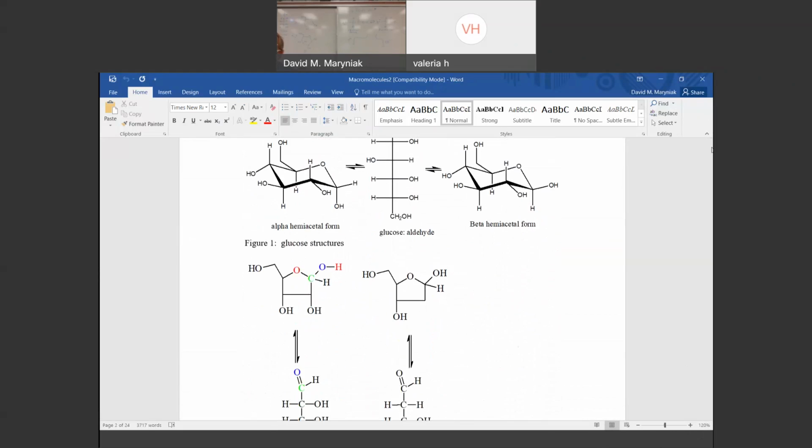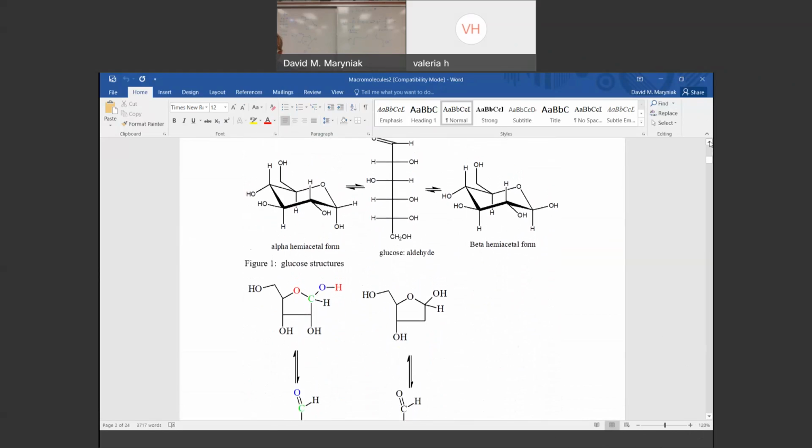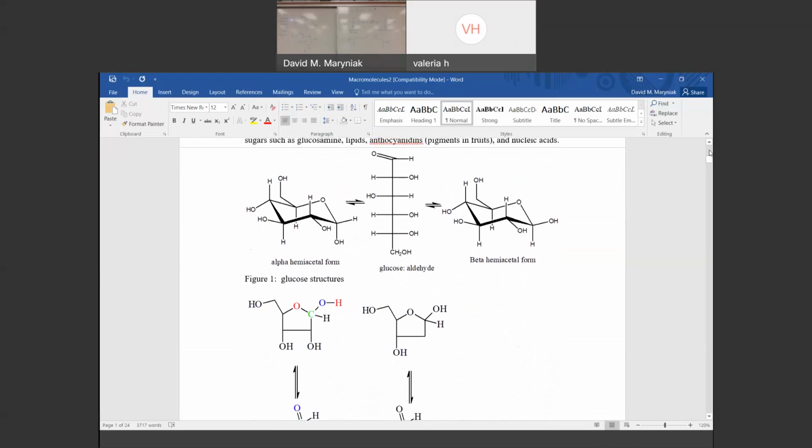A lot of words. We're going to look at the picture. So if we look at that picture, do we see the molecule in the center that's labeled glucose aldehyde form? And would we all agree why it's an aldehyde? And when we draw a glucose like that, we're always putting the aldehyde on top.